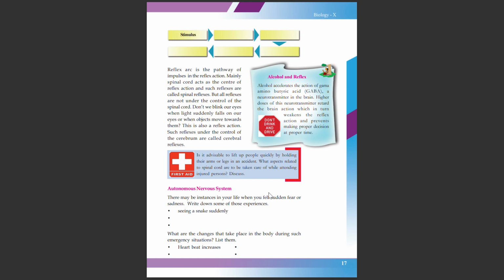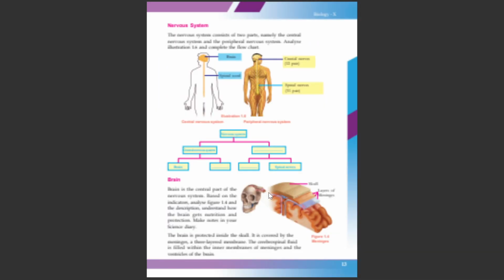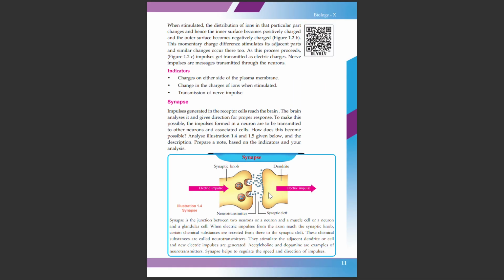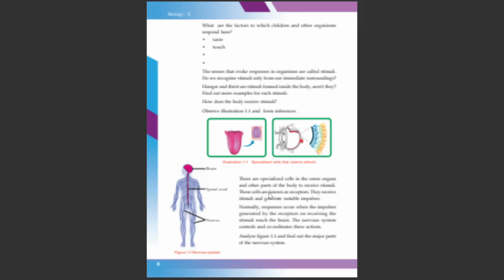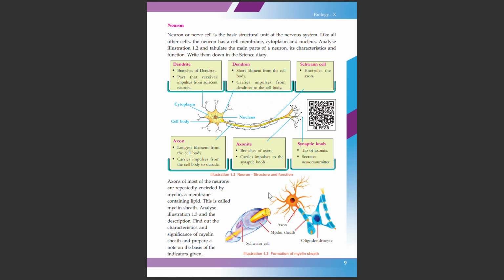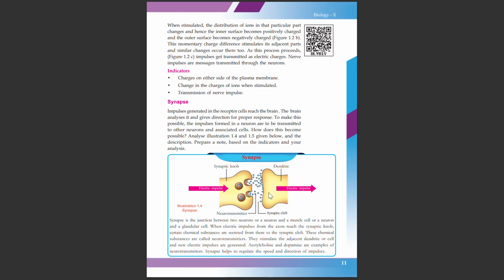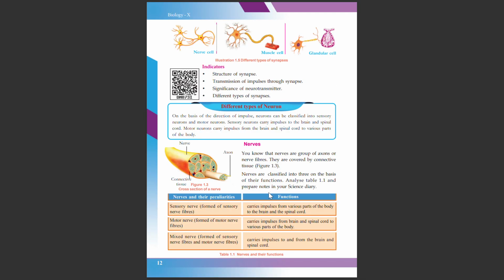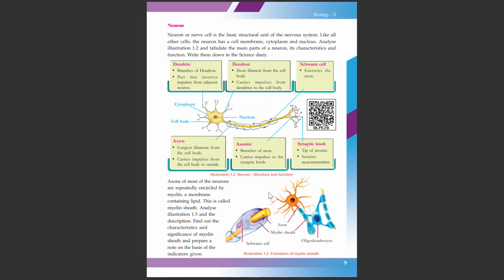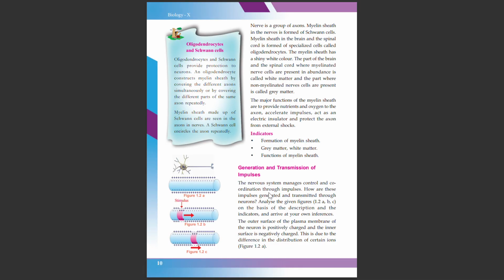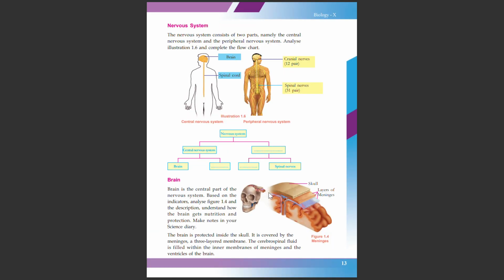Let's study the autonomic nervous system. Till then, we were studying the central nervous system. I've told you before there are two types of nervous system: the central nervous system and the autonomic nervous system.